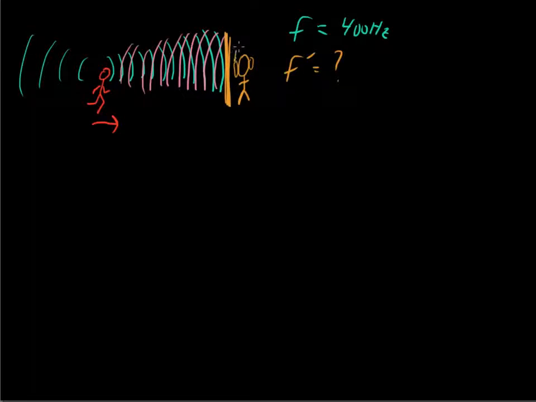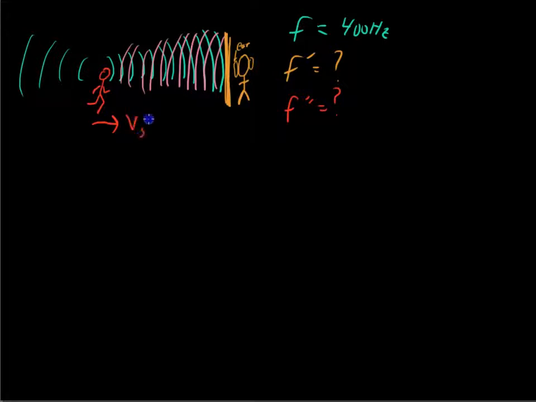That's an ear, by the way. So with their ear pressed up against the wall, listening to the sound that's hitting the wall. So that's the first thing we need to know, because what's going to happen is the wall is then going to reflect the waves at that exact same frequency. It's not going to change the frequency in any way, it's just going to reflect them back. But then the person is going to hear the waves at a new frequency.